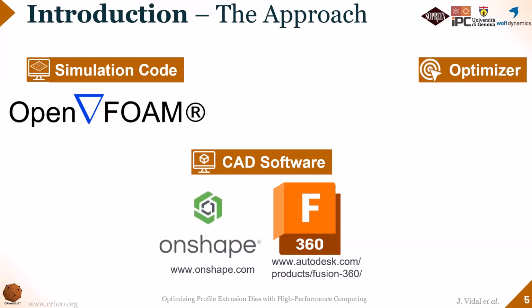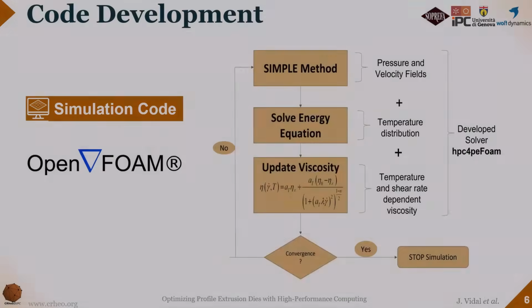The framework is flexible. So at the end, as long as the generation of geometries can be automated, we can use any software. And for the optimizer, we use Dakota, based on previous experience from Wolf Dynamics, which was involved in the project.